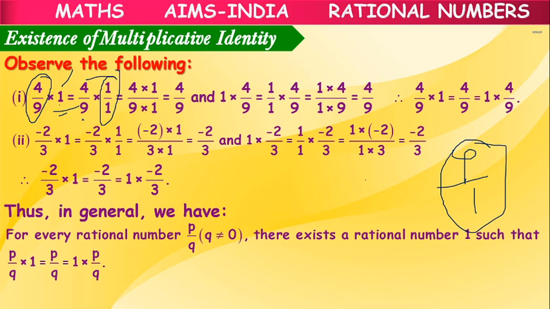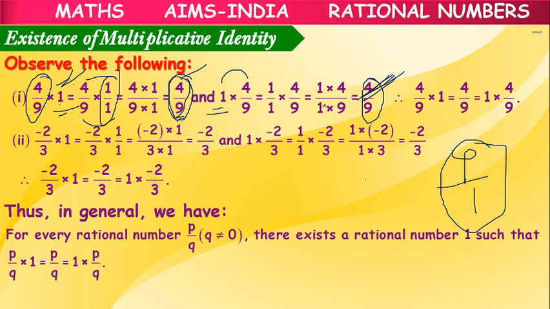Numerators 4 into 1, denominators 9 into 1. What is the answer? 4/9. So if a rational number is multiplied with 1, its identity does not change. It remains the same. Or if 1 is multiplied with any rational number, then the rational number will be the same. Its identity does not change.